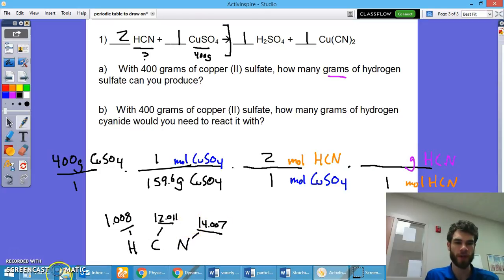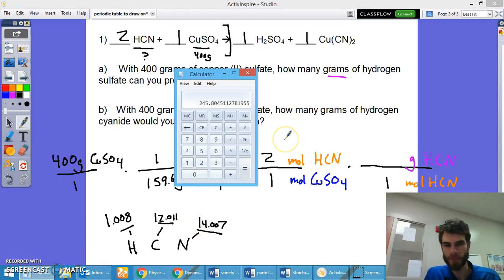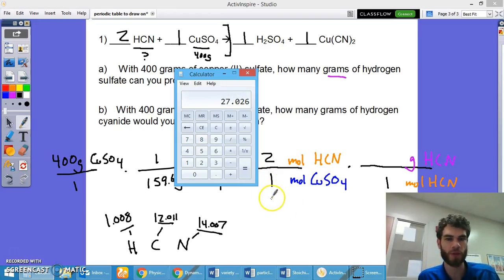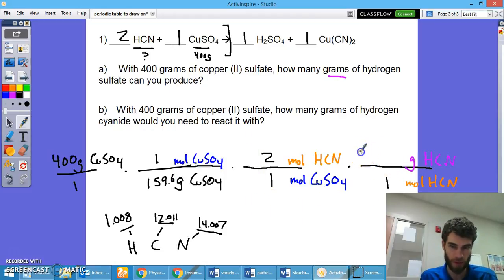So we just add them all up. Let's do it. 1.008 plus 12.011 plus 14.007 equals 27.026. I'm going to round that to 27.03. 27.03 grams per mole of hydrogen cyanide.